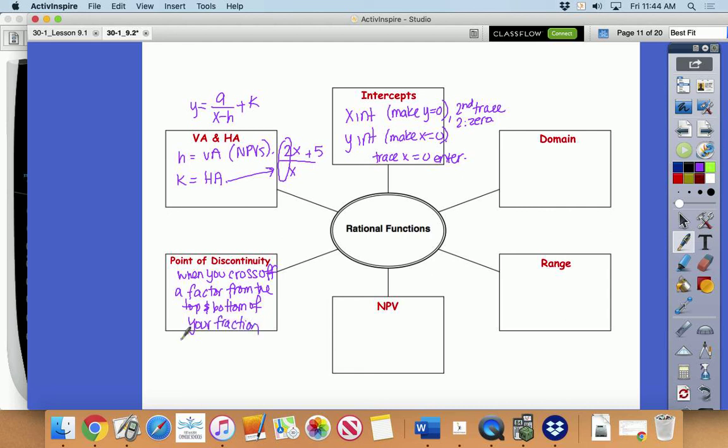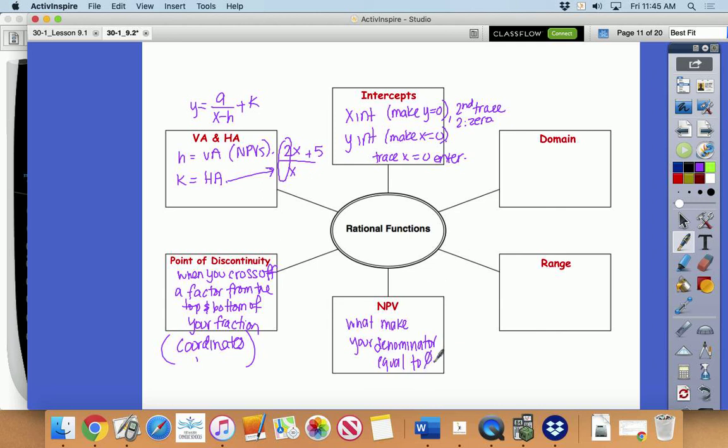What's important is it has to be coordinates. Make sure that they are always coordinates, okay, x and y's. Your non-permissible value, what makes your denominator equal to 0?